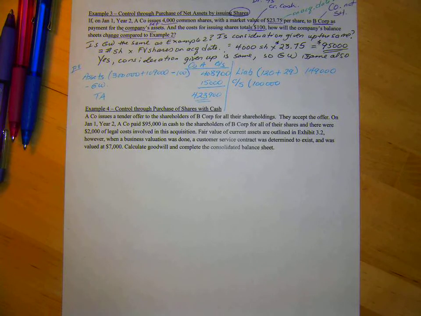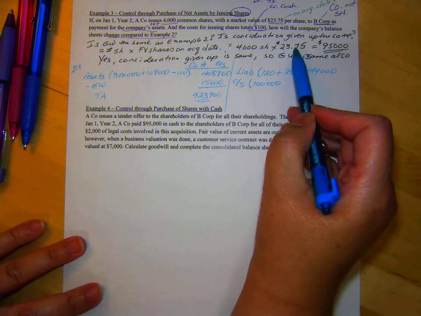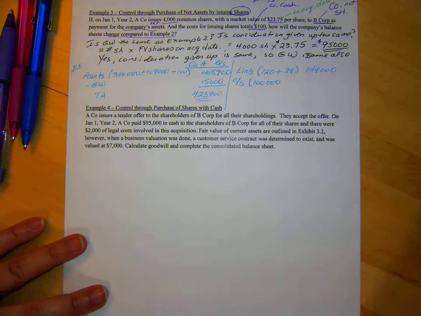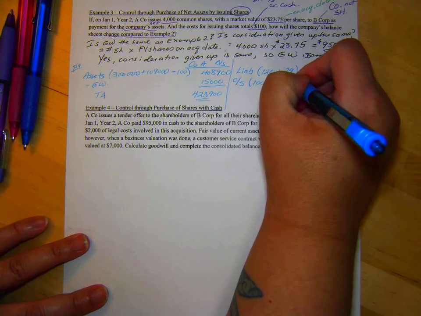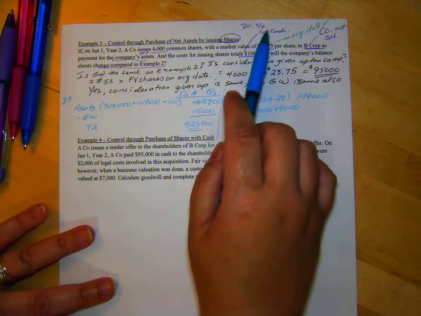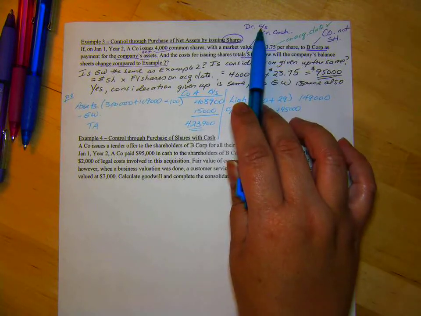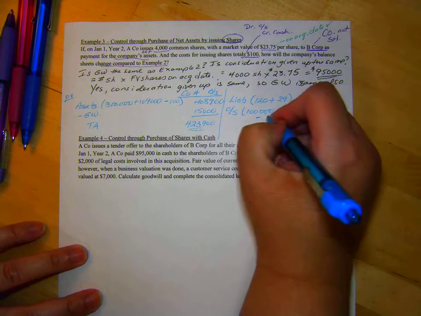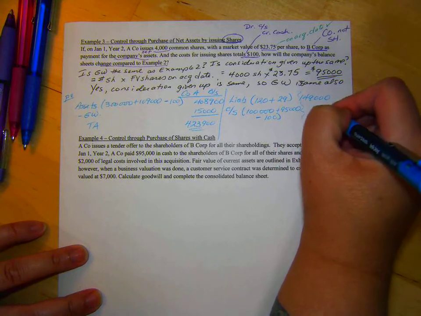Did we create and give out more common shares? Yeah, we paid with common shares. So these are our shares we're giving up. We're saying we're not going to give you cash, we're going to give you some of our valuable shares. So they gave 4,000 worth 95,000. So plus 95,000. But remember, these share issue costs do not come out of retained earnings, they come right out of common shares. So we have to subtract that 100, which is 194,900.